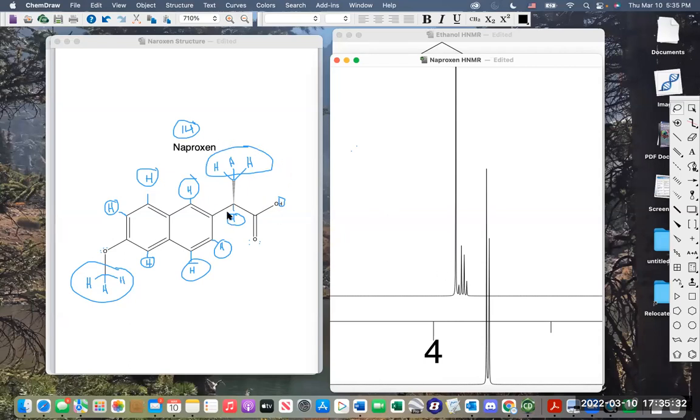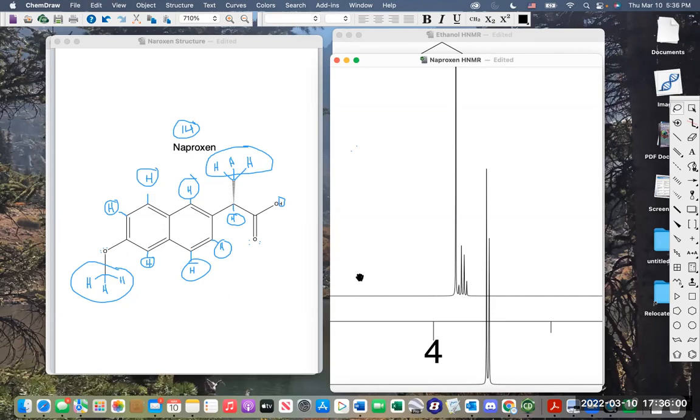Because the neighboring hydrogens to this single hydrogen are 3, we would have 3 plus 1 equals 4. So that's why you're seeing that quartet splitting pattern. But then over here, these hydrogens show up as one signal. So that's why you're seeing that one really big, tall signal. And they'd show up as a singlet because there are no hydrogens on that neighboring oxygen.